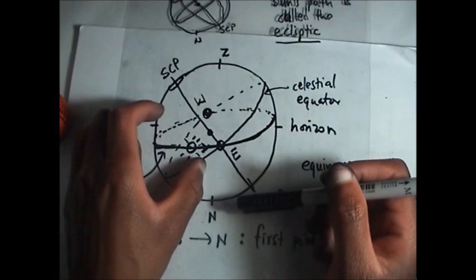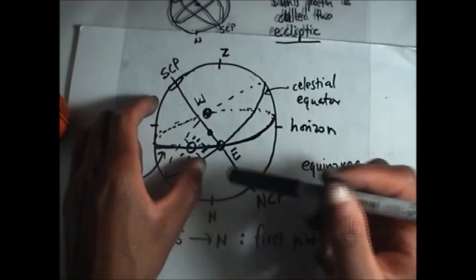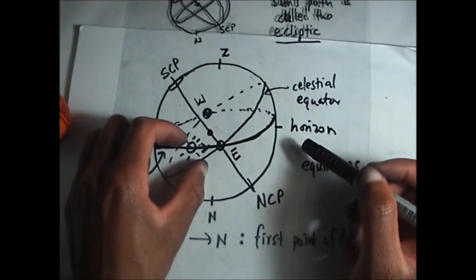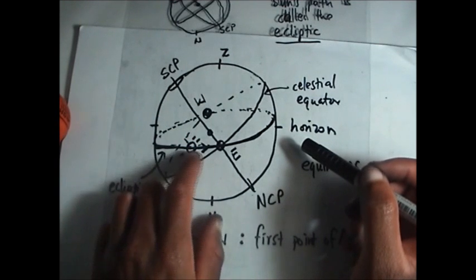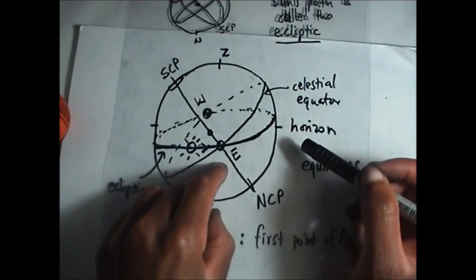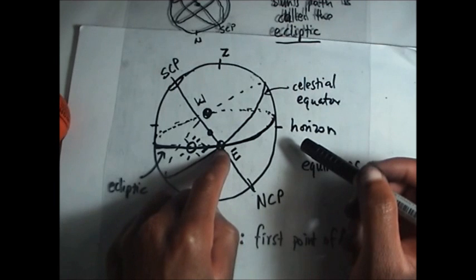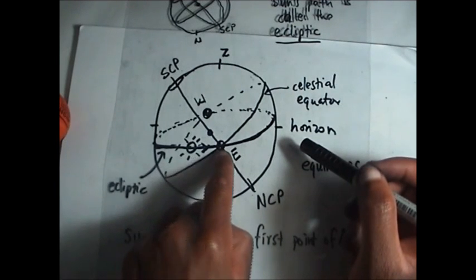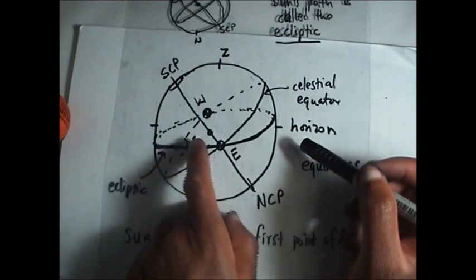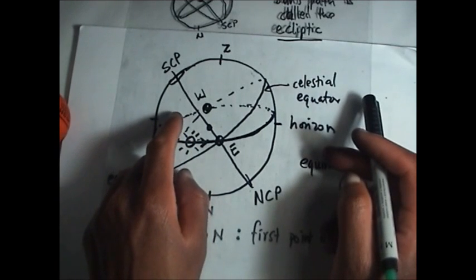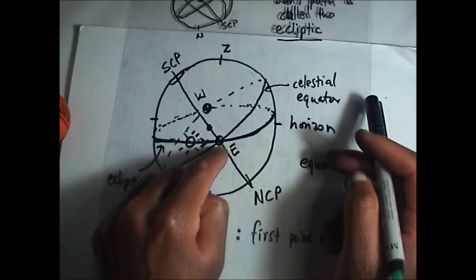Right now, the sun is in the southern part. But we are told that the equinox, where the sun moves from the southern part to the northern part and crosses the celestial equator, because that is the definition of an equinox, where the sun is moving from south to north is called the first point of Aries.